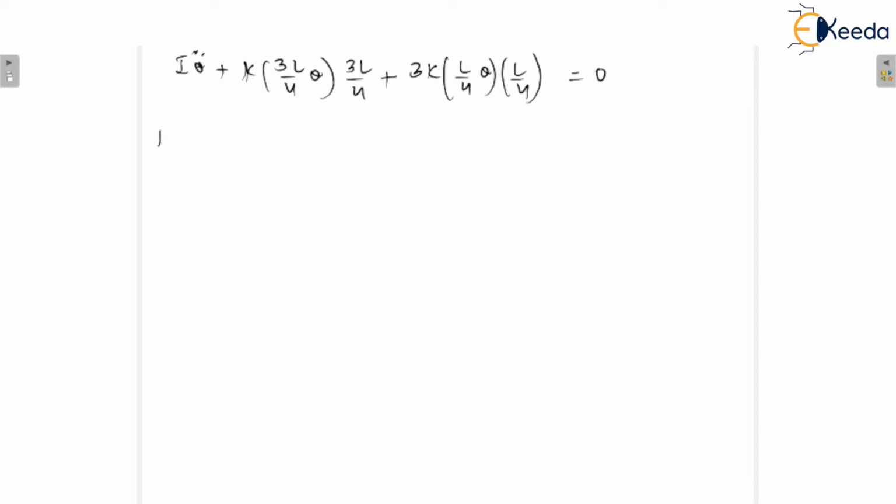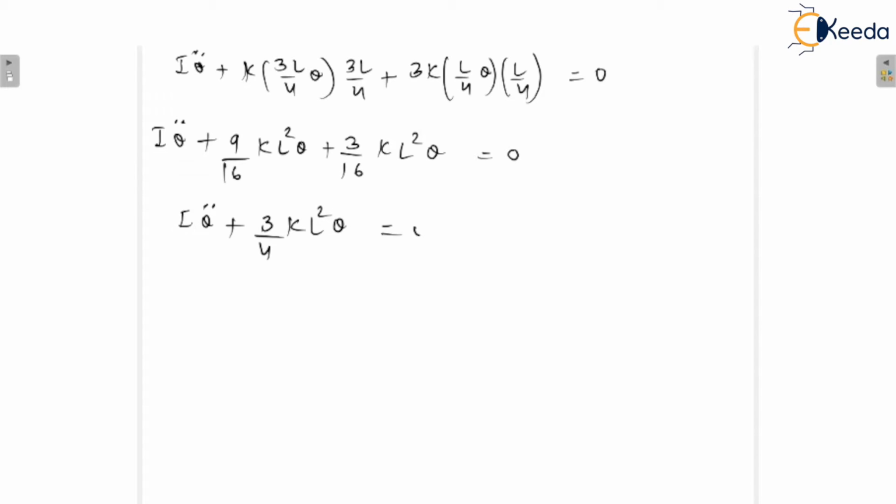We can rearrange this equation: I theta double dot plus 9 by 16 KL square theta plus 3 by 16 KL square theta. Rearranging, we get I theta double dot plus 12 upon 16, that means 3 by 4, KL square theta equal to 0.